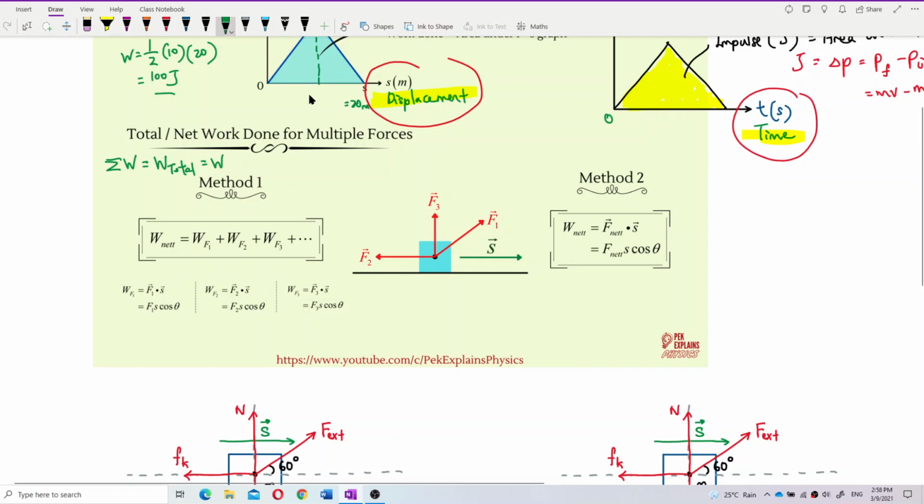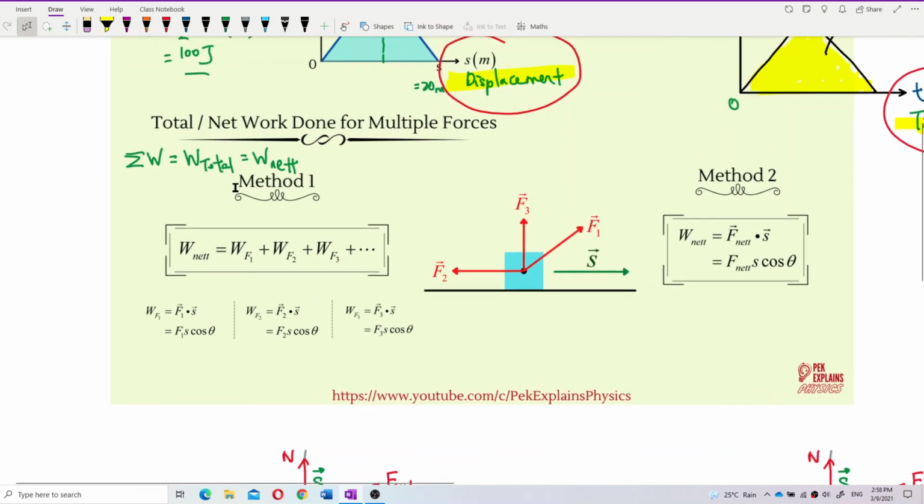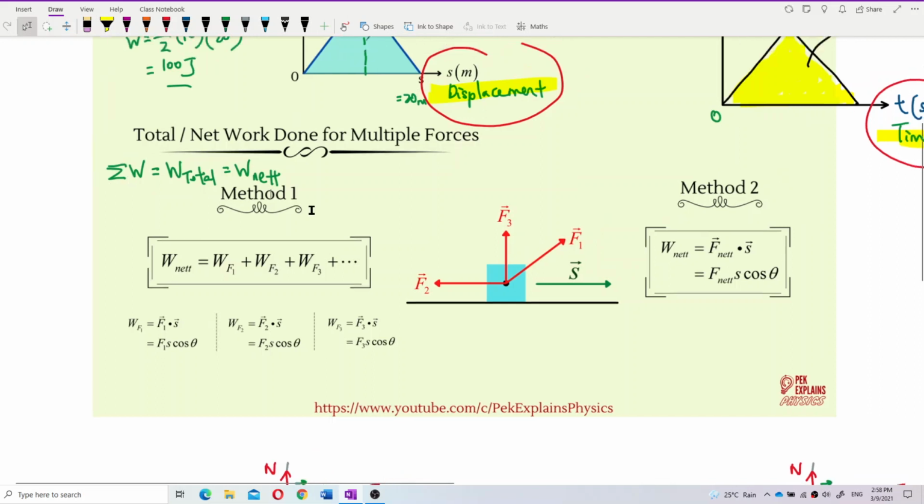Write it carefully. So this is total work done, or net work done, or sigma W, which means total work done.